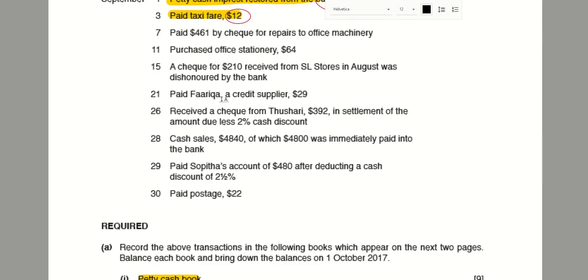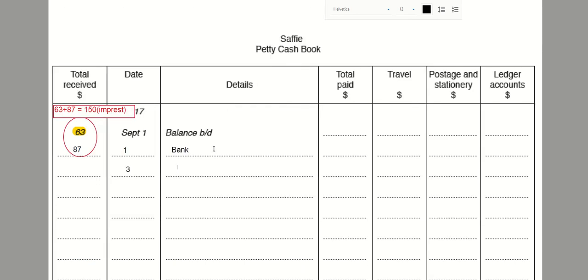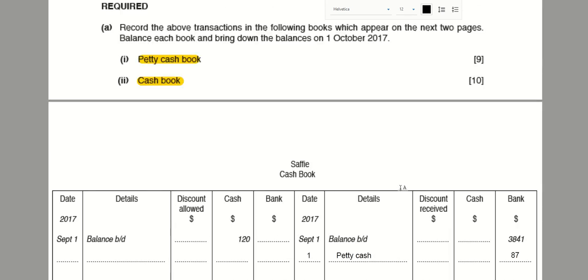We'll just check again. It was taxi fare. So we'll fill in the details, taxi fare, and we'll find a suitable column for it. In the analysis columns, you notice there are three analysis columns here: travel, postage, and ledger accounts. So travel is obviously the relevant column, so we'll put it in the travel column, and at the same time in the total paid column. So we'll fill up simultaneously. Okay, so let's go up to the next one.